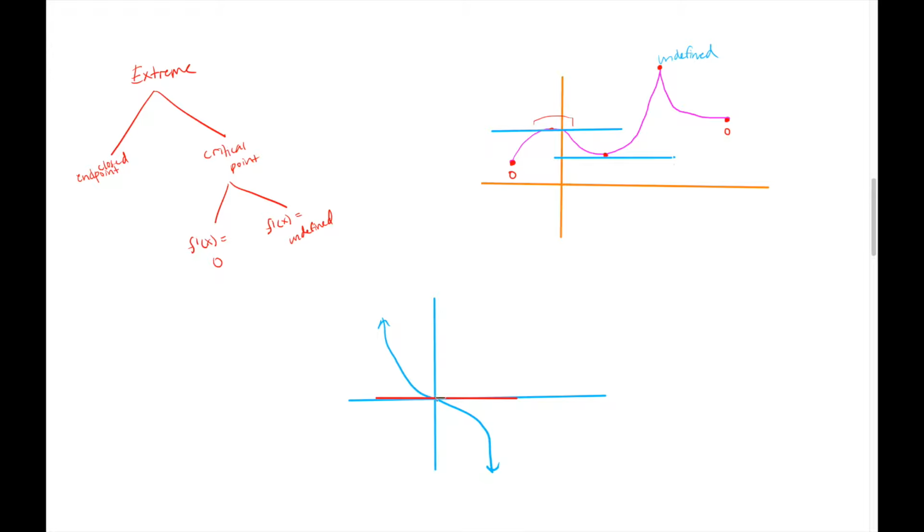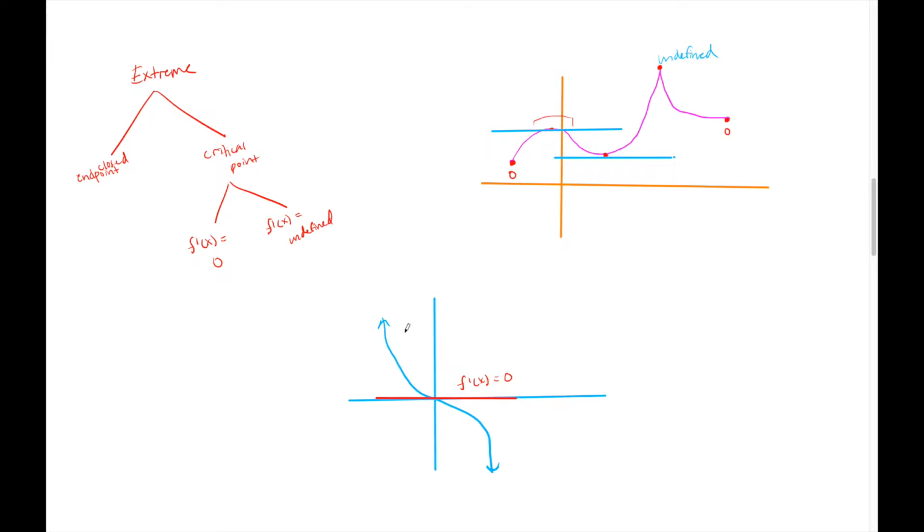But notice how you can tell that this is not a max or a minimum. We have values higher than it on this side and lower than it on this side, so it can't be an extreme value, even though mathematically we'd find that f prime of x at this point is equal to 0. So all extreme values, if they're not a closed endpoint, must be critical points, but not all critical points will necessarily be extremes, and we'll later calculate this using the first derivative test, like I said, in a later video.